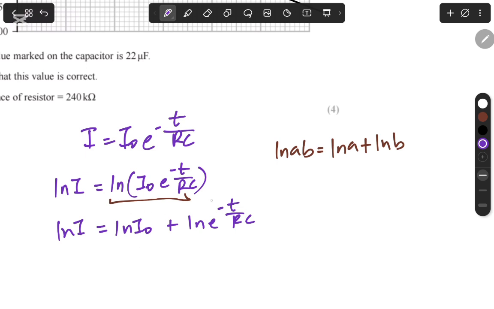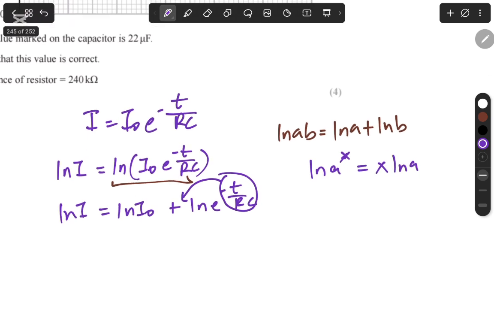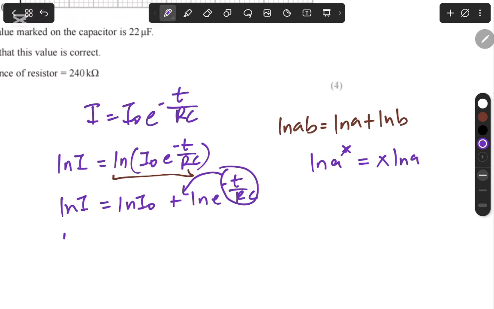Now ln e, I'm going to talk about that in a bit, but you can move this to the front, right? So if you have ln A to the power x, you can also write it as x ln A. Okay, so that's what we're going to apply here. This is the log rule, and we'd get something like this.